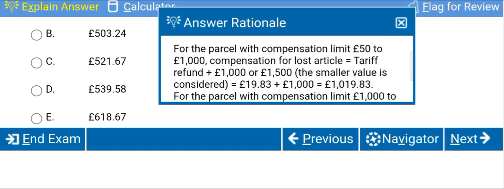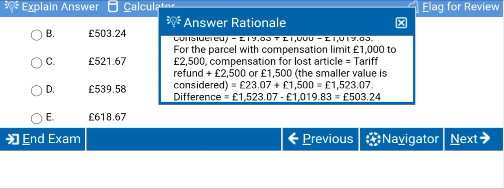For the parcel with compensation limit 50 pounds to 1000 pounds, compensation for a lost article equals tariff refund plus 1000 pounds or 1500 pounds. The smaller value is considered, so 19.83 pounds plus 1000 pounds equals 1019.83 pounds.